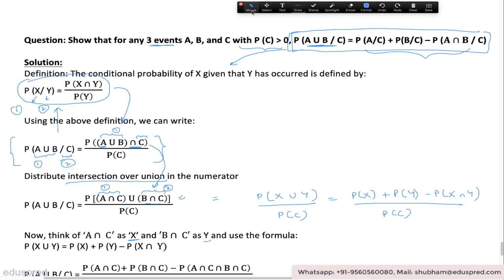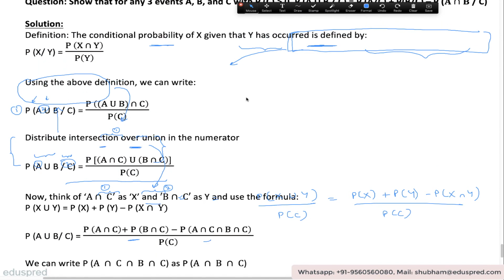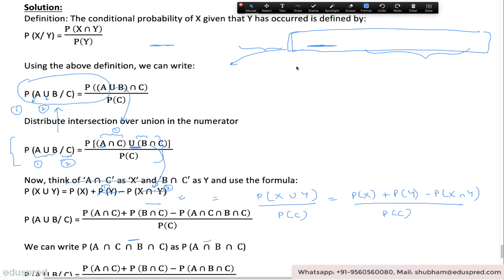Now over here in the next step, if you see this step, let me clear a bit over here. So after this step, take a look at this step that I have written over here.